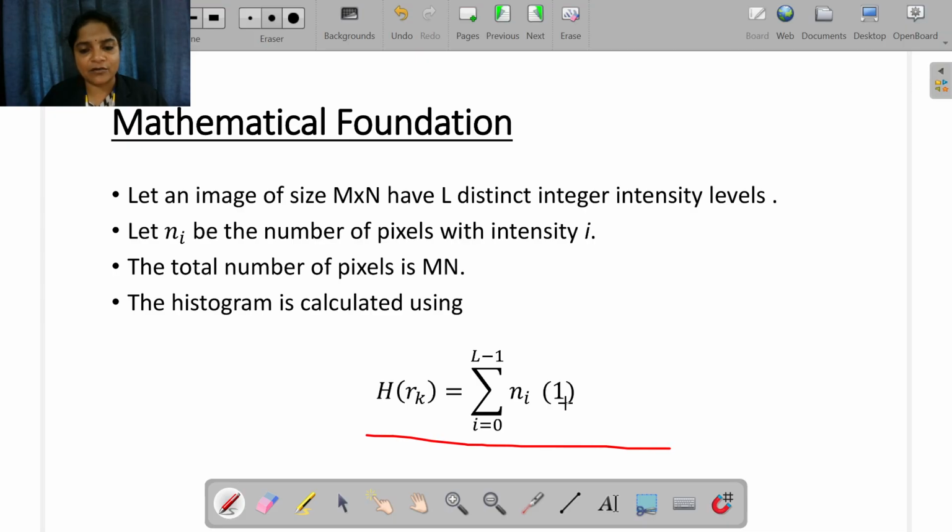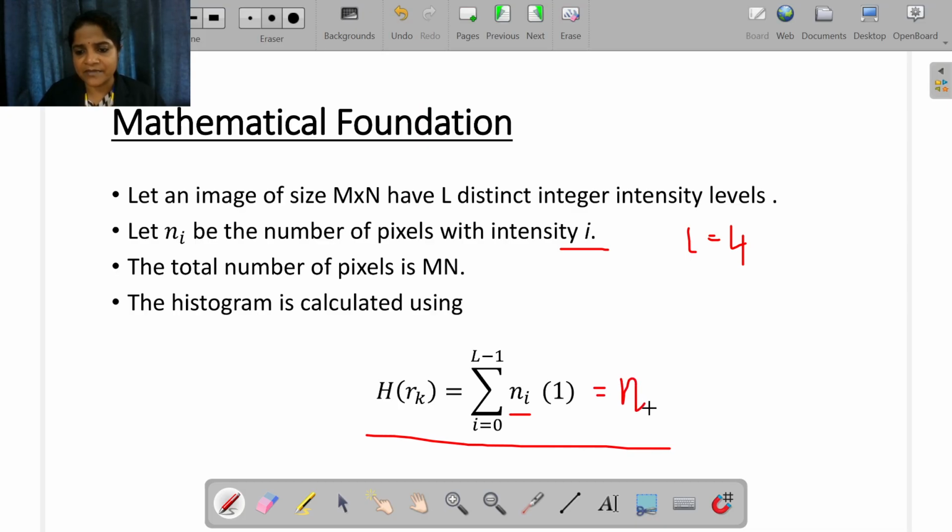So in this step, we are going to calculate the histogram of the image. What is Ni? Ni is the number of pixels in the image that has the intensity i. Okay. So that is going to be Ni. We are going to add all the Ni values. For example, if L is equal to 4, then what will this equation become?